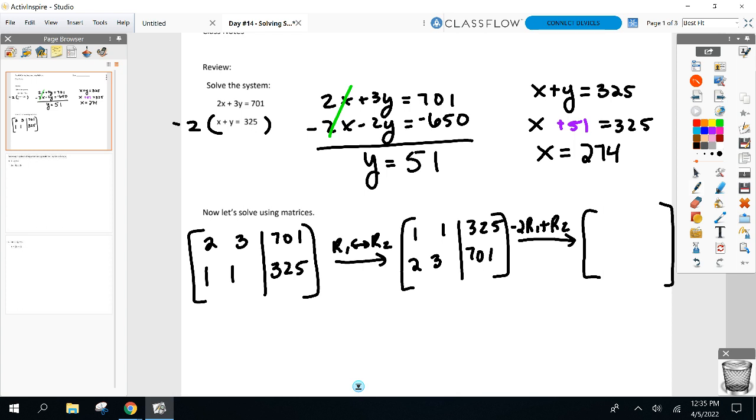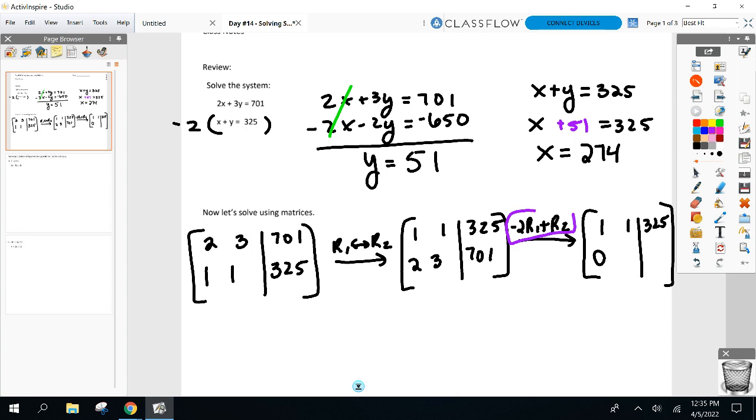Row 1, not changing, correct? Yeah. I'm only changing row 2. So 1, 1, 3, 2, 5. 0. Boom. What about the rest of it now? And don't make this difficult.